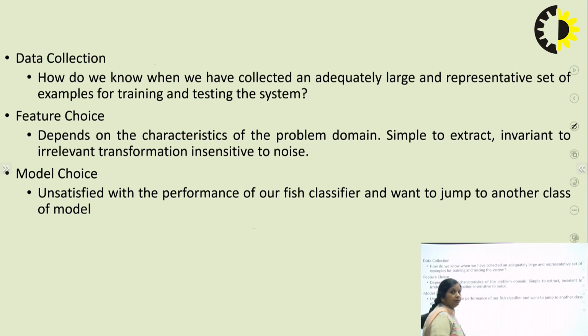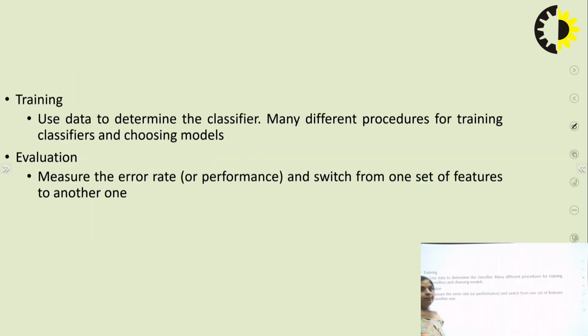Once we have decided we are using KNN or Bayesian naive Bayes or whatever, it's time to train the model. We have the training data, so we will use the data to determine the classifier. Many different procedures for training classifiers and choosing models exist. That training will be done here. And once we have fitted and trained our model, it's time to find out the performance.